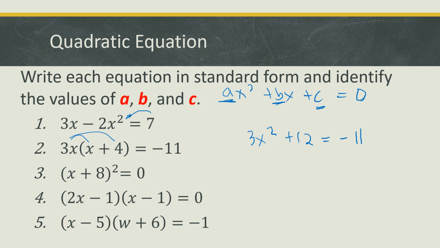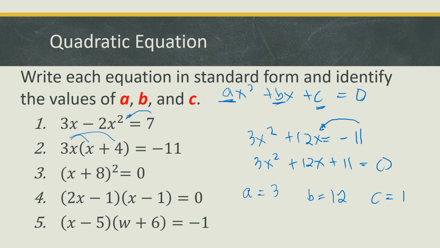And then we can now transpose negative 11, and that will become 3x squared plus 12x plus 11 is equal to 0. So in this case, we can now have the values of A, your B, and C. The A value is positive 3, the B value is positive 12, and we have positive 11 for letter C.